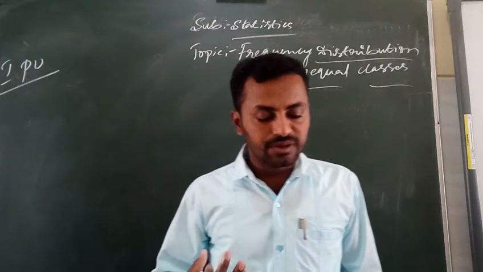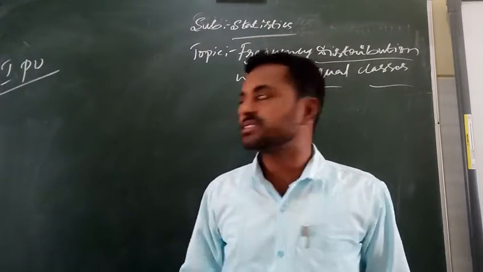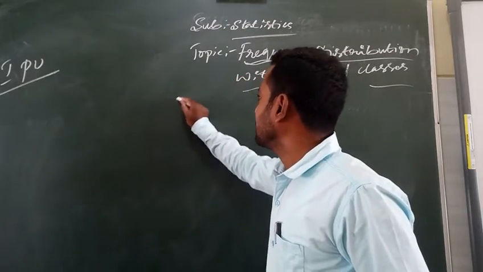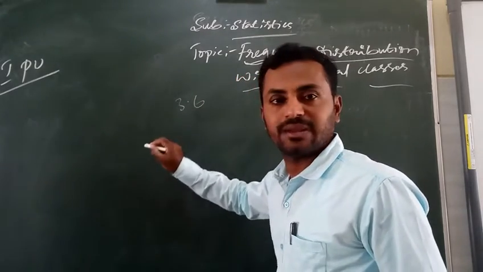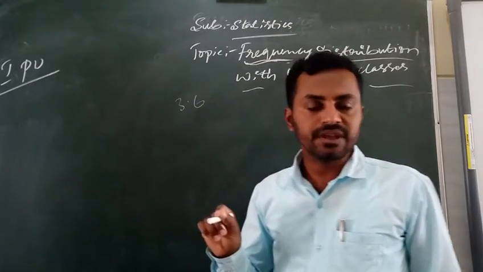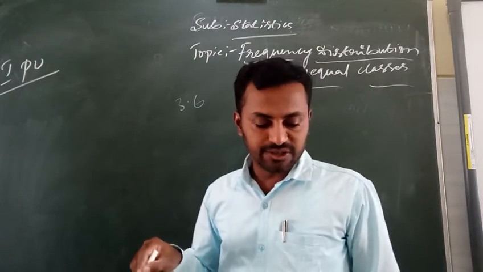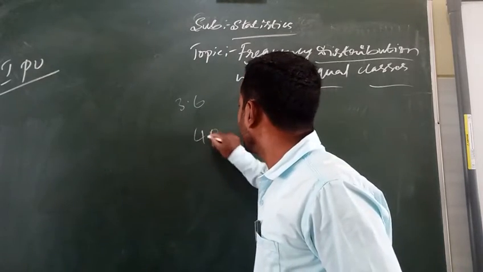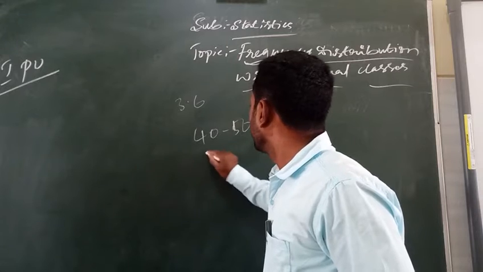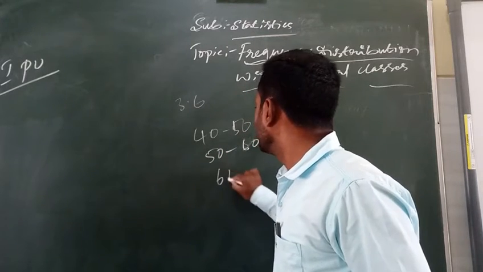You will notice that most of the observations are concentrated in which classes? In table 3.6, maximum observations are concentrated in the classes 40 to 50, 50 to 60, then 60 to 70.